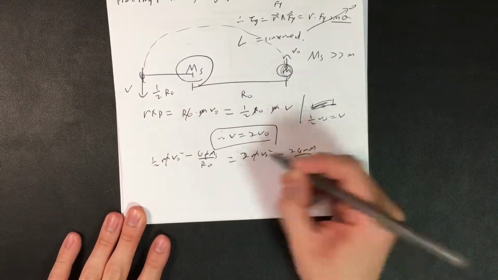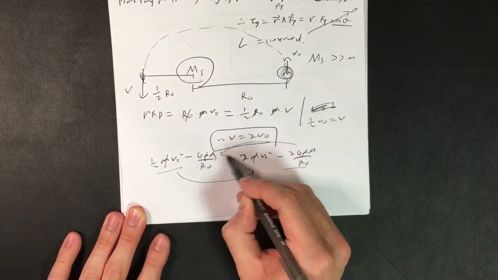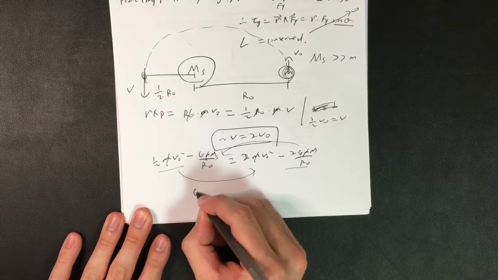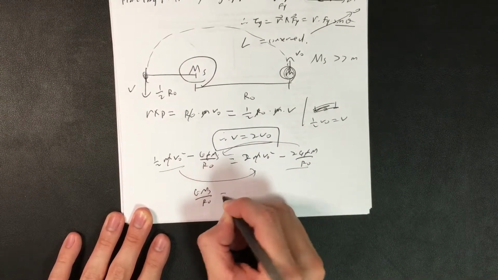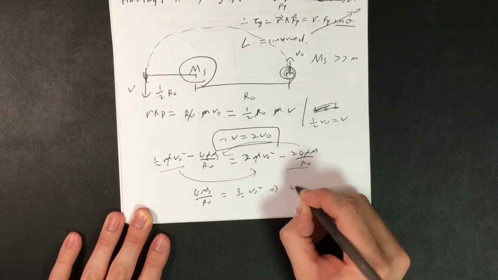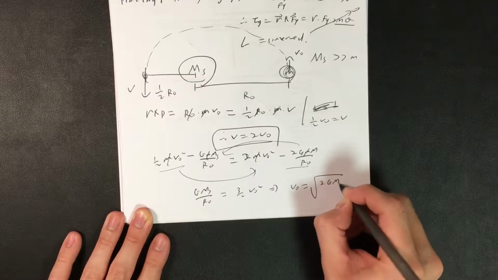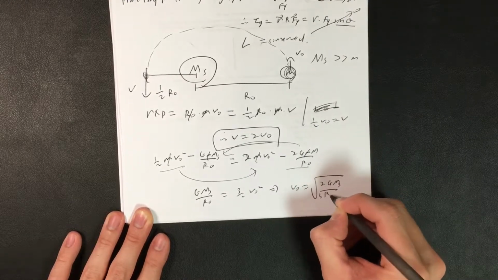Canceling out the mass of the earth and moving this term to the right and that term to the left, I get G Ms over r0 equals 3/2 v0 squared, and therefore I get v0 equals the square root of 2 G Ms over 3 r0.